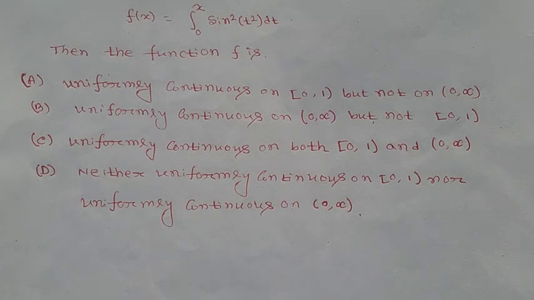Third option is uniformly continuous on both the semi-closed interval [0,1) and the open interval (0,infinity). And the last option is neither uniformly continuous on the semi-closed interval [0,1) nor uniformly continuous on the open interval (0,infinity). Now we try to solve it.